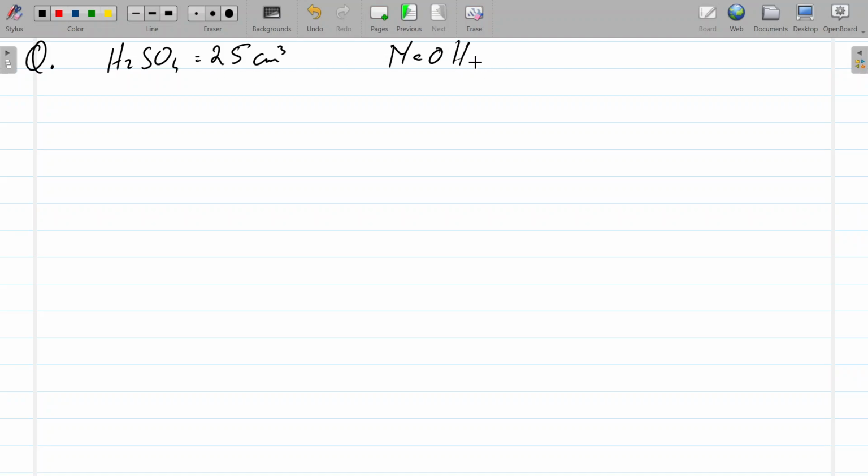Then you've got sodium hydroxide, and you have used 20.15 centimeter cube, and the concentration is 0.2 mole per decimeter cube. So what we want is the concentration of sulfuric acid.